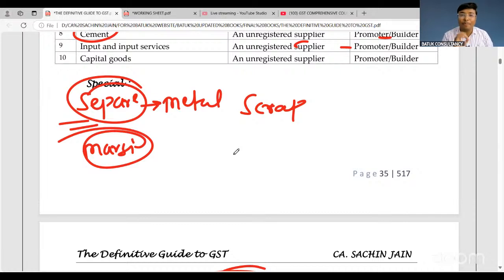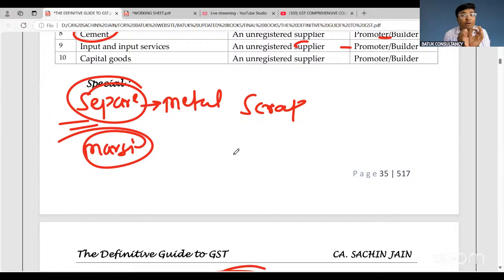Also, reverse charge mechanism, Section 9, subsection 3, the specific list of goods and services, and we have covered the concept of e-commerce operator and TCS, TDS. That will be covered at the time of our specific discussion on the e-commerce operator. We also started our discussion on the specific list of goods on which reverse charge mechanism is applicable.